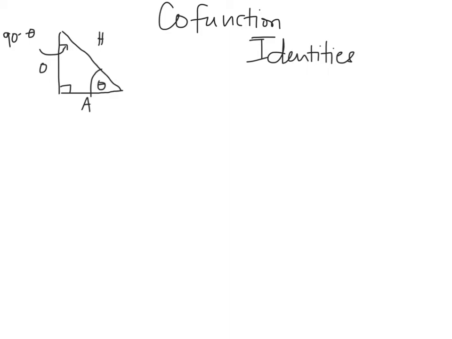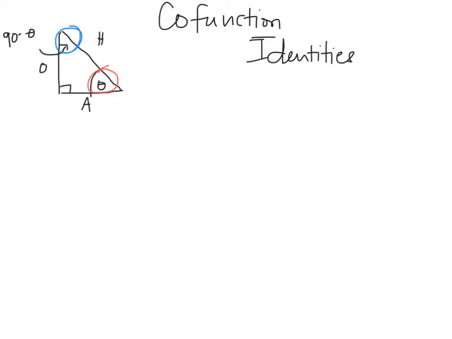Now we have this triangle here, and we know that whatever this angle is going to be 90 minus whatever this one was, whatever the red one was.